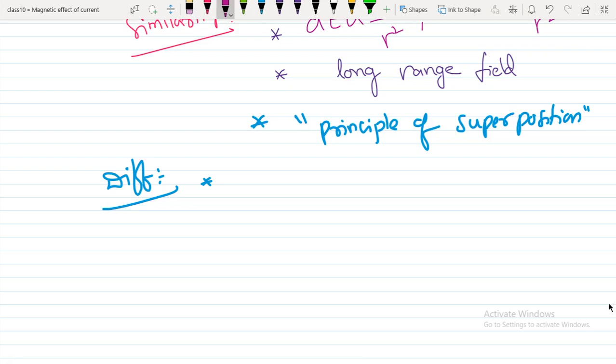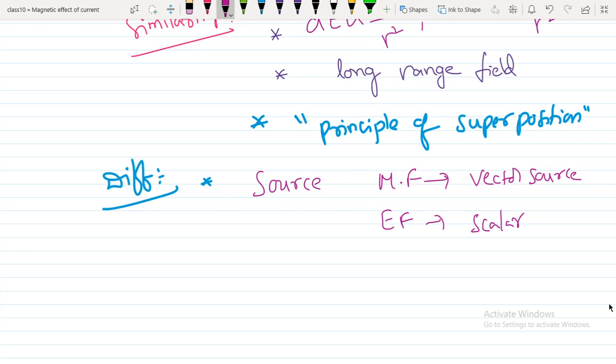So the first difference is in the source: the magnetic field has a vector source and the electric field has a scalar source. The second one is the direction.